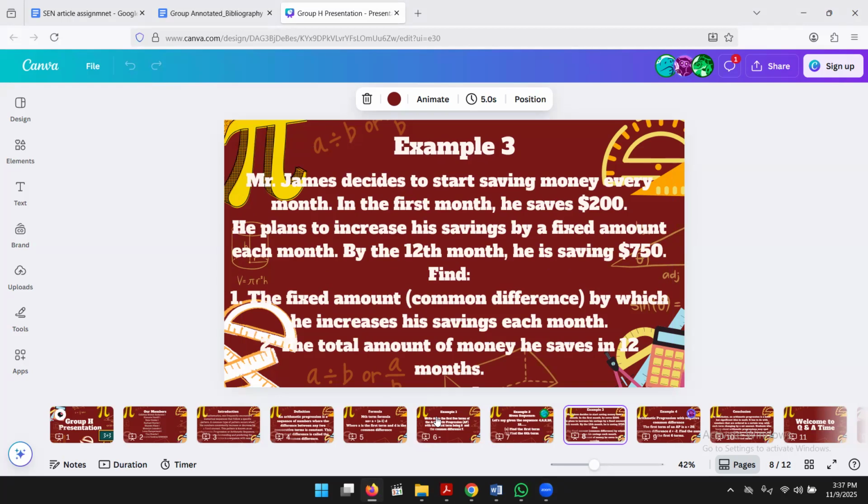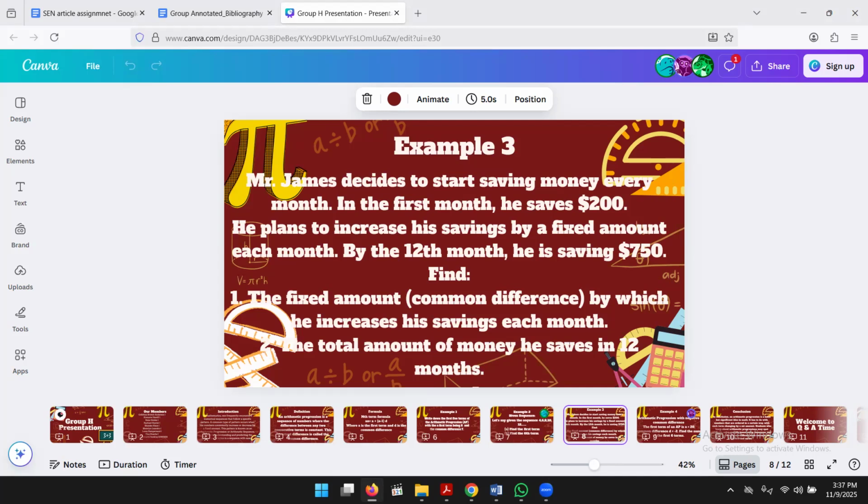Great. So Miss had taken you through sequencing, specifically arithmetic progression with a common difference. Now I'd like to expose you to a worded problem, which reads: Mr. James decided to start saving money every month. The first month he saves 200. He plans to increase his savings by a fixed amount each month.